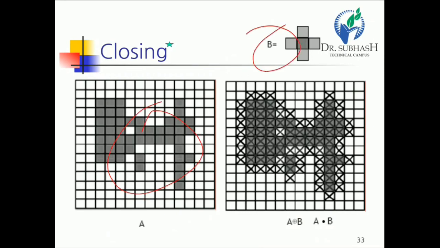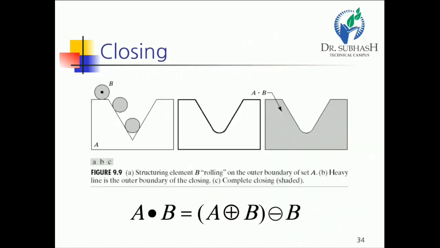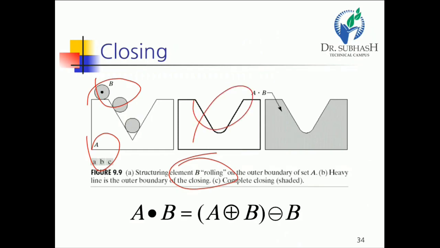This is the set A, this is the set B, and for closing, we first dilate A with respect to B, and the resultant is A closing B. Another example of closing: this is the set A, this is the set B, and B is the structuring element. We first find A dilated by B, and the result is eroded, giving the closing A closing B. Another representation of closing: figure A shows the structuring element B rolling on the outer boundary of set A. Here this is B and this is A. In figure B, the heavy line is the outer boundary of the closing, and the complete closing is shaded.